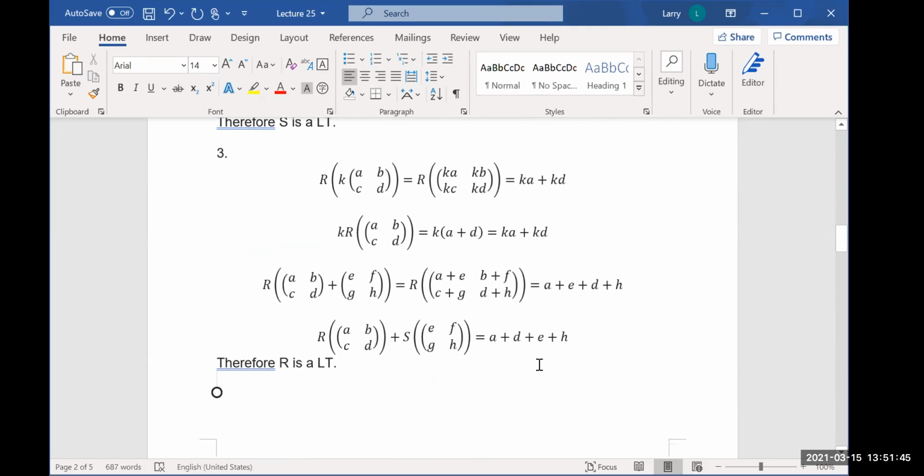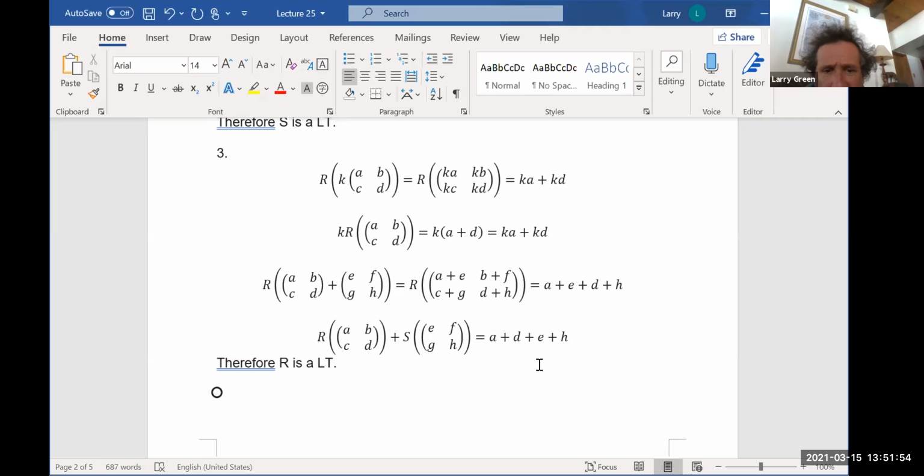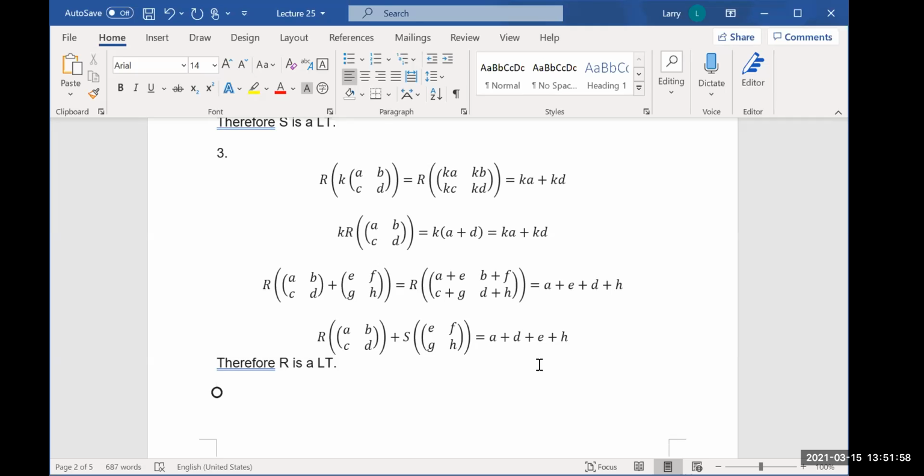Does this one have to do with the eigenvalues being the trace? The sum of the eigenvalues is the trace. So what about the trace now? That it's a linear transformation has something to do with the eigenvalues being the sum, the trace?